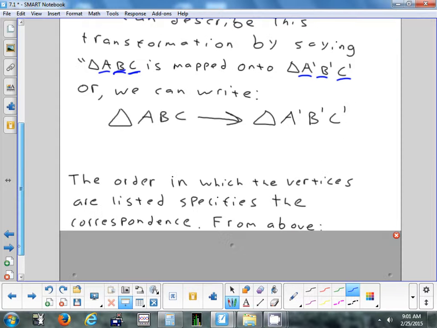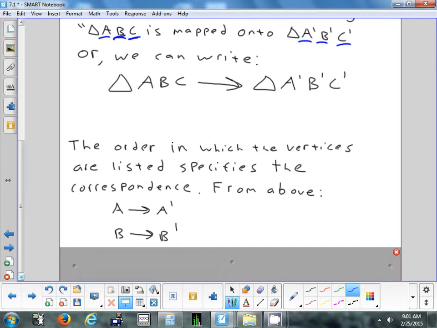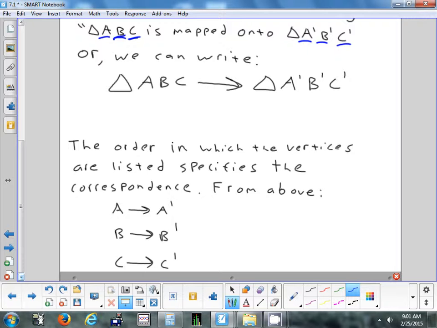Okay, we already said this. The order in which you write the vertices specifies which vertices correspond with each other. So A to A prime, B to B prime, C to C prime. If you wanted to do the triangle BAC, B prime, A prime, C prime, that's fine.